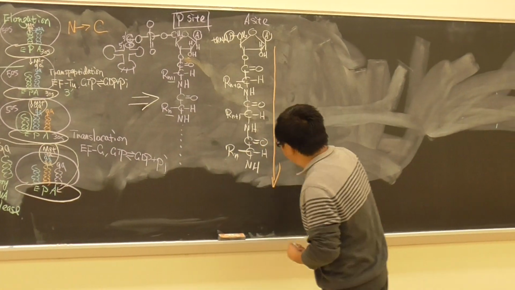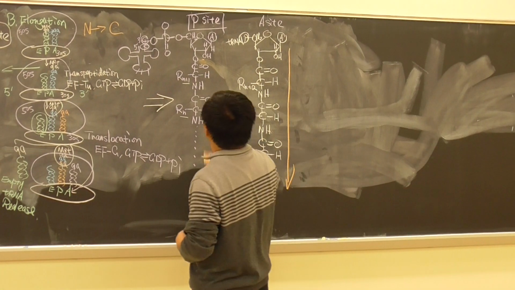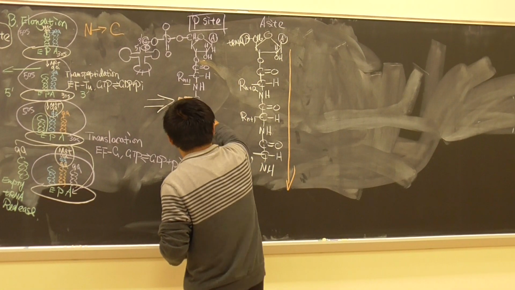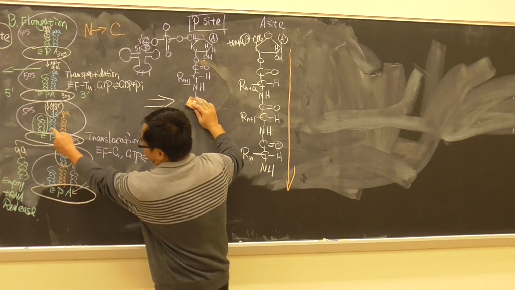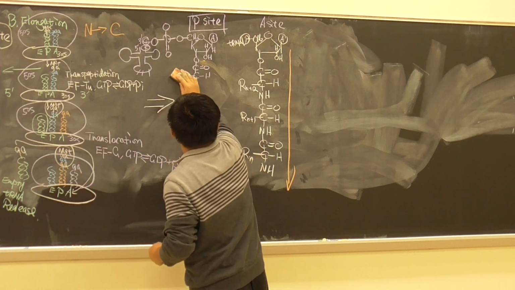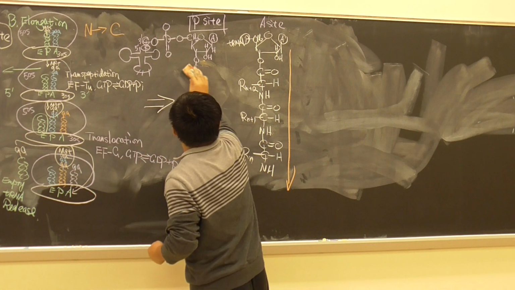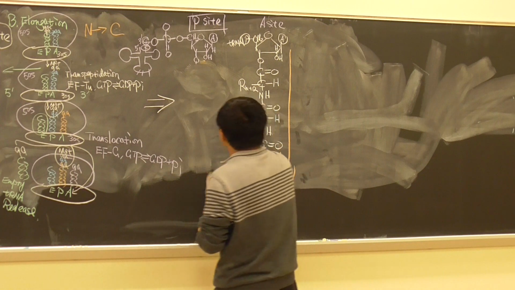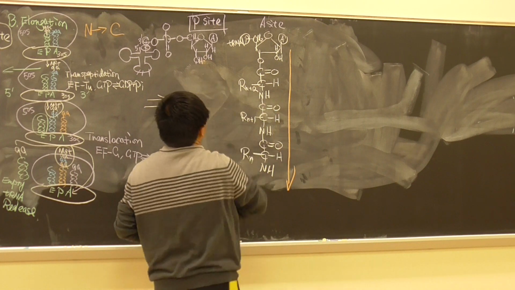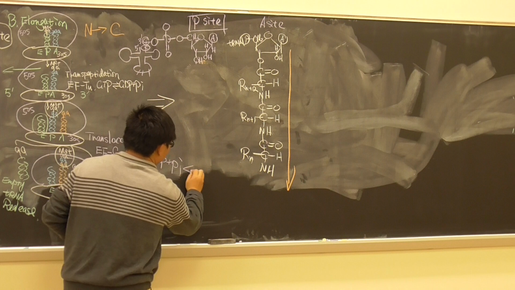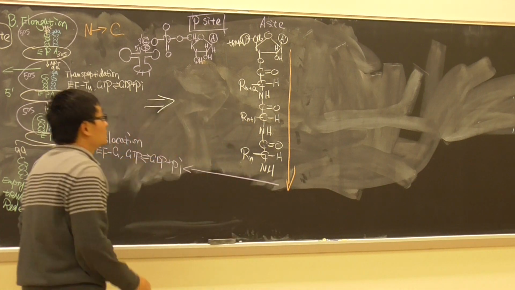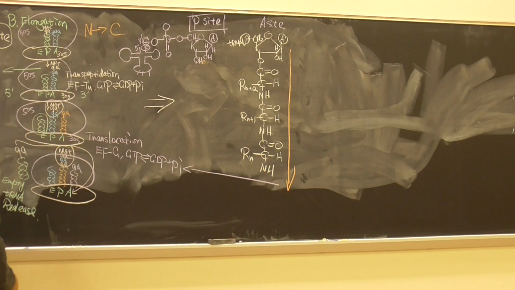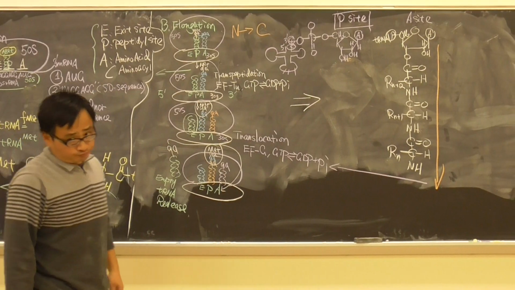So this is going to be like this. And then for the P site, these all got, remember they translocated. Go back to like that. Okay? So they move this way. Now, when you see these, you're going to be a little bit confused, I'm telling you.